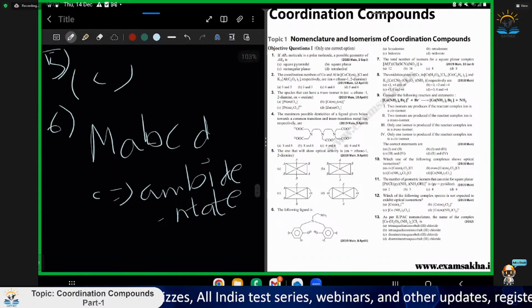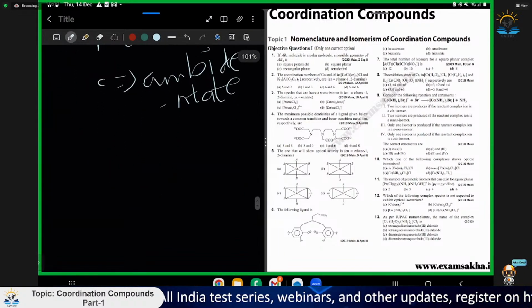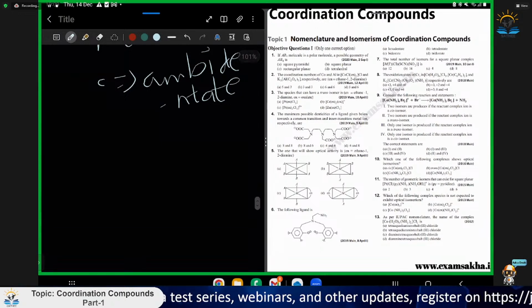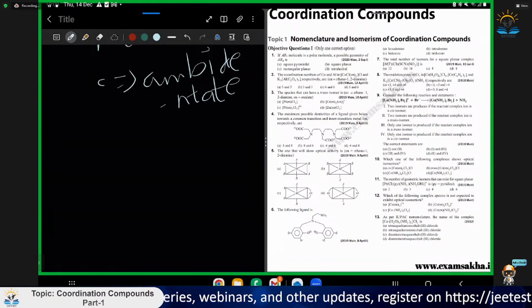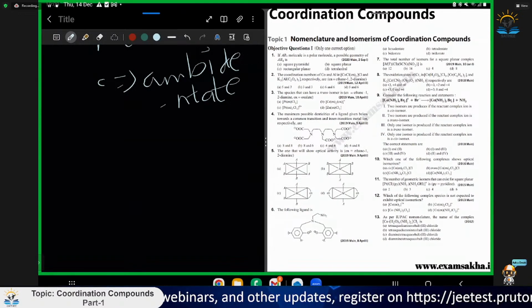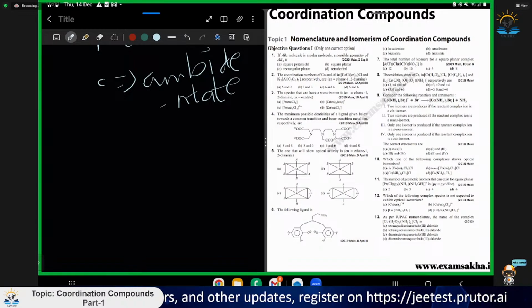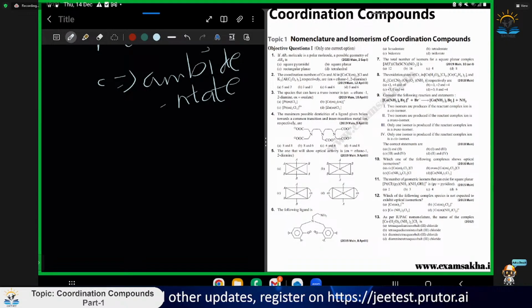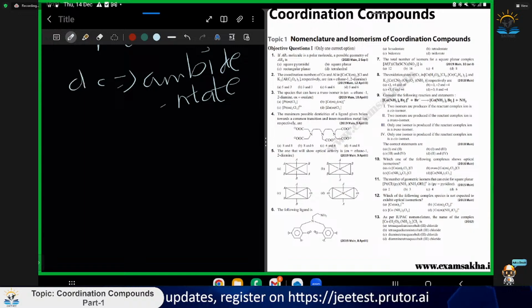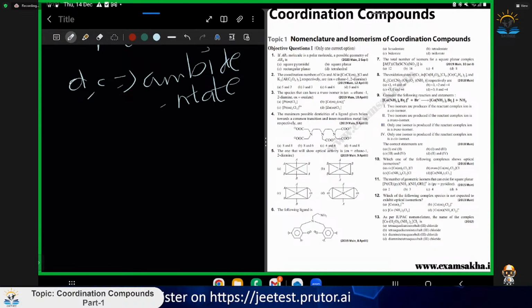He said total number of isomers, so you write structural, stereo, geometric, everything, including optical isomers. He said square planar, keep that in mind. Your C is also ambidentate, your D is also ambidentate. NO2 and SCN both are ambidentate, right?